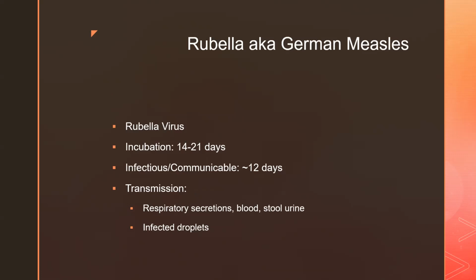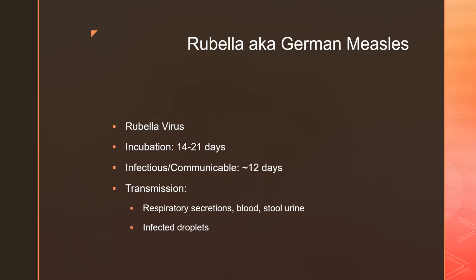So again, patients very contagious, very infectious, very communicable, whichever word you want to use. Just before the rash appears, you can infect somebody and not even know it. And then, of course, for up to 7 days after.